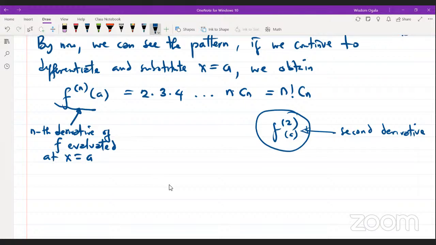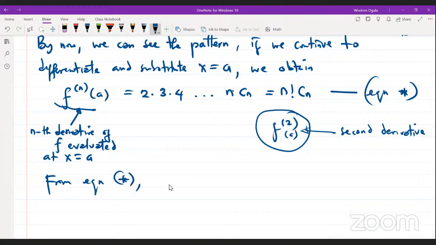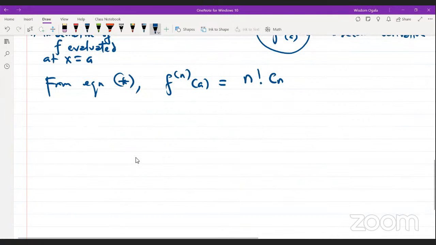Now, let me call this one equation star. From equation star, what do I know? I see that this equals n factorial Cn. Those Cn's are actually constants, right? Remember we saw C1, C2, C3, and the likes. Now, I need to make Cn the subject of the formula.